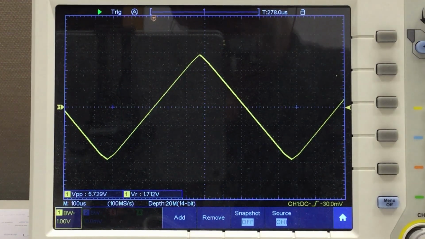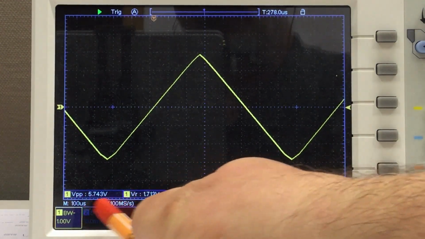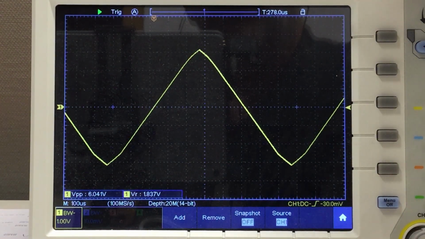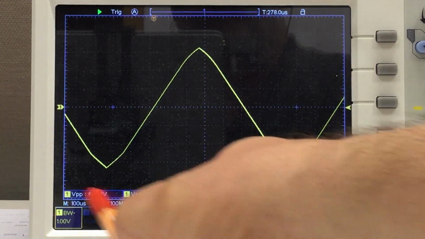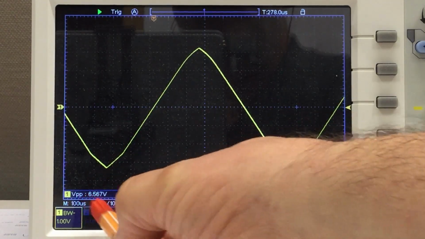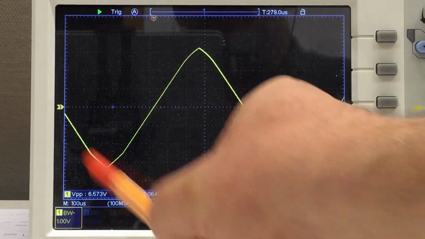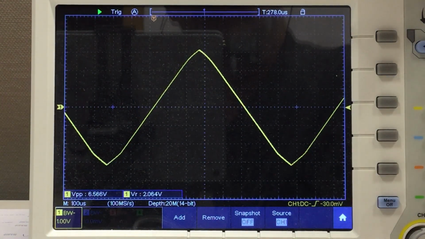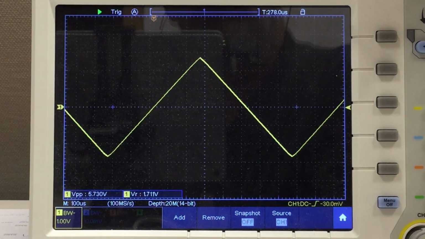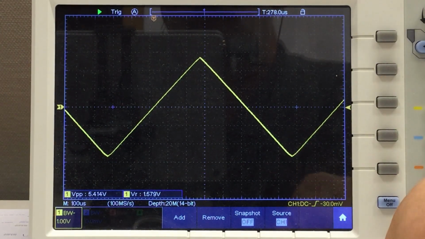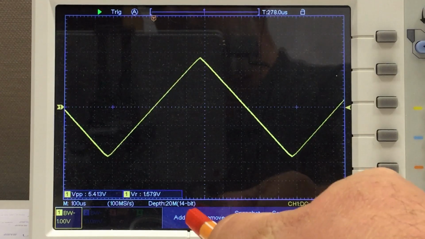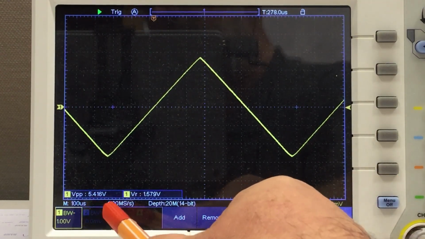12, and you see the peak-to-peak voltage is not 6 volts. Okay, 15, yeah, okay, 7, we should have here 7.5, but okay. Let's stop here and go down to 11 volts, but yeah, even there, and I'm in 14-bit mode, so these values are quite accurate.